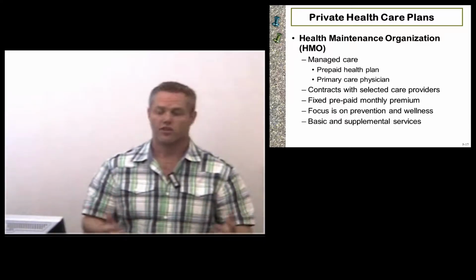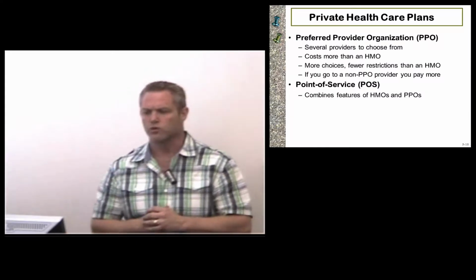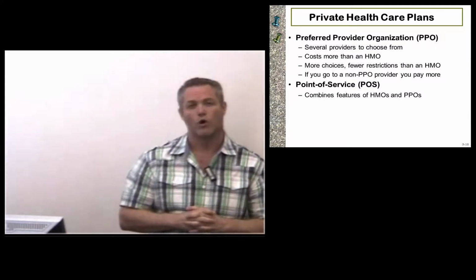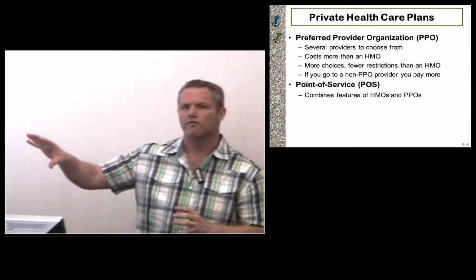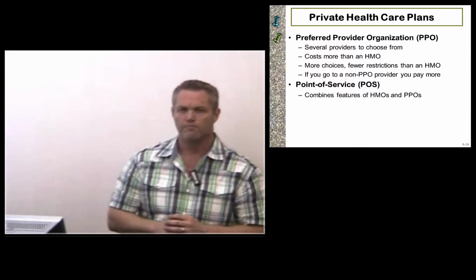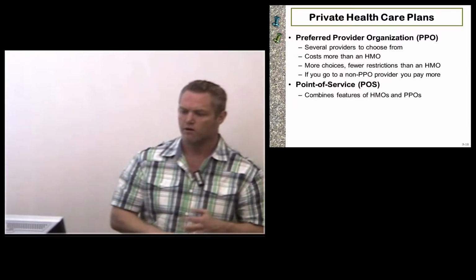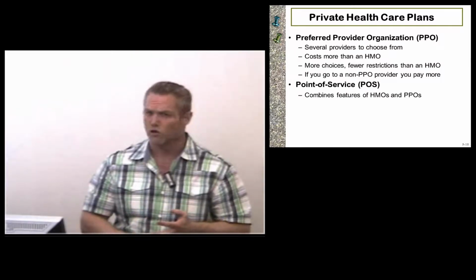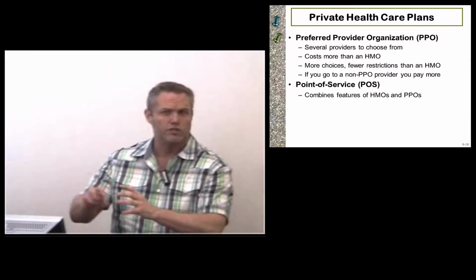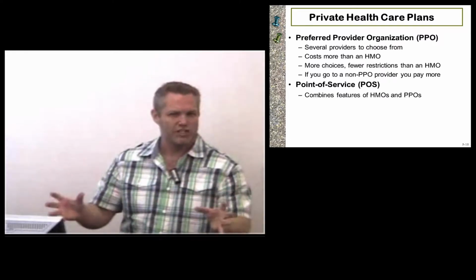It just isn't there. A PPO is what's called a preferred provider organization. So typically there are several more providers to choose from. It certainly costs more than an HMO, maybe 50% more. You have a lot more choices, a lot fewer restrictions as far as who you can see, what your options are, and the number of different medications that are covered.